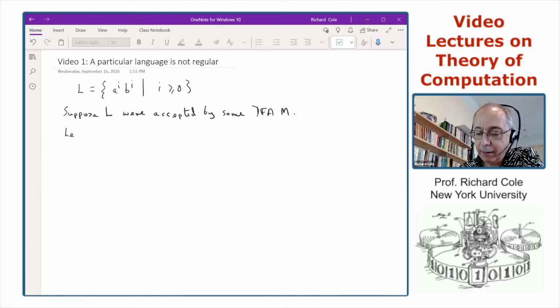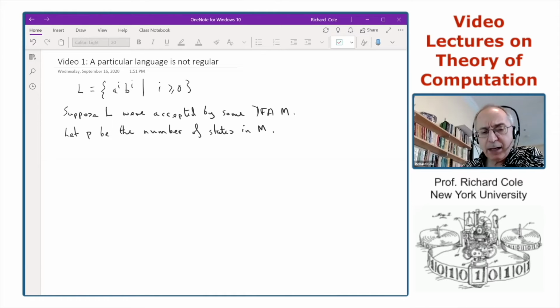So let P be the number of states in machine M. And now let's consider a particular input. Let's look at the input, which we'll call S, which consists of P A's followed by P B's. And of course, this is in the language L.